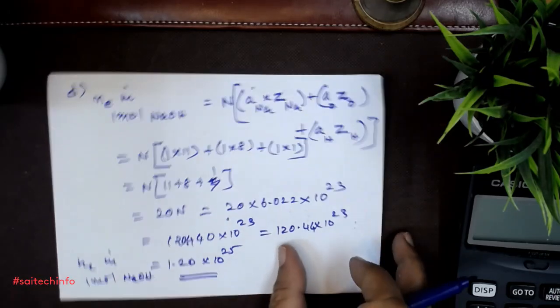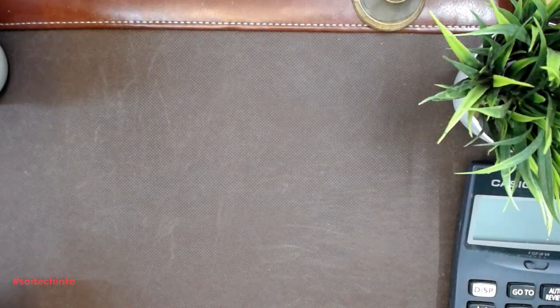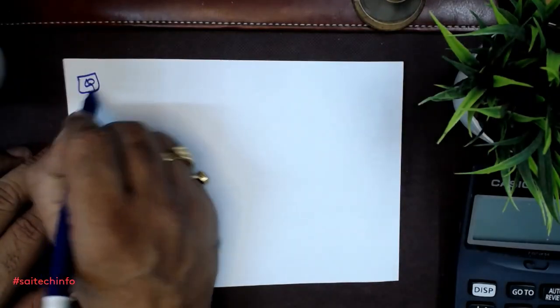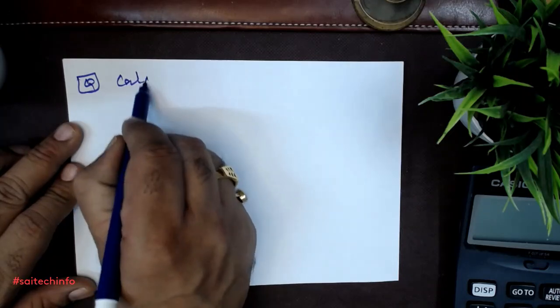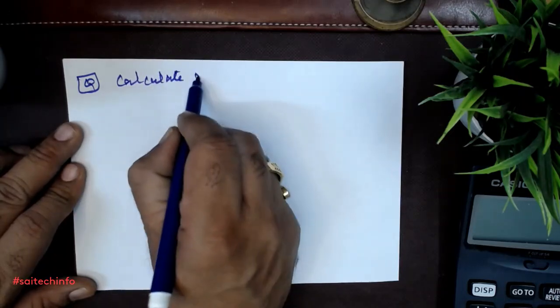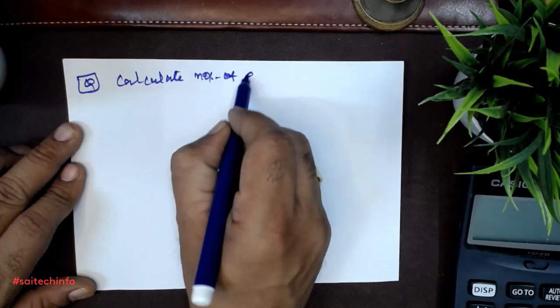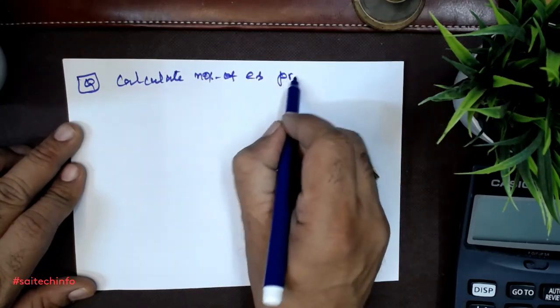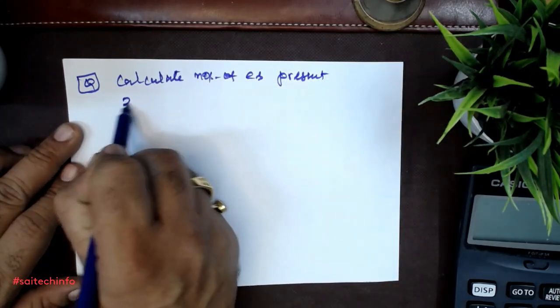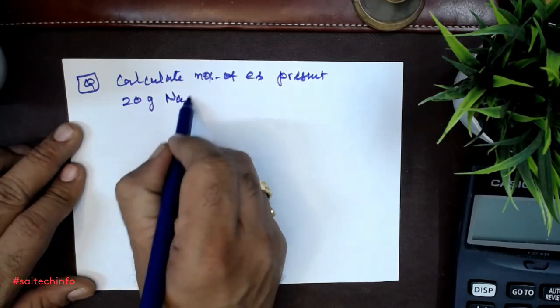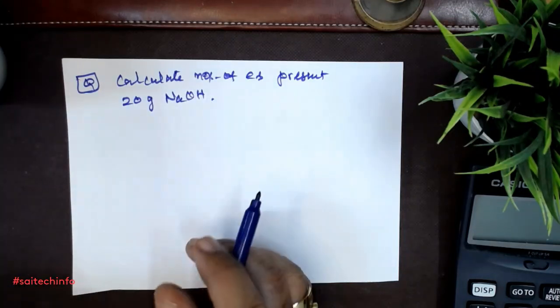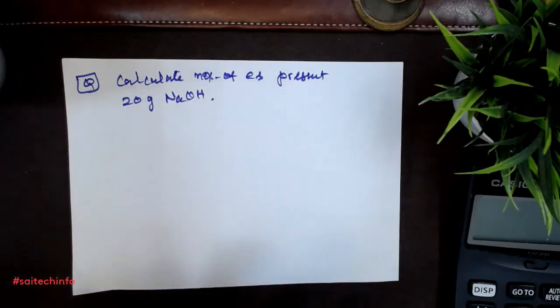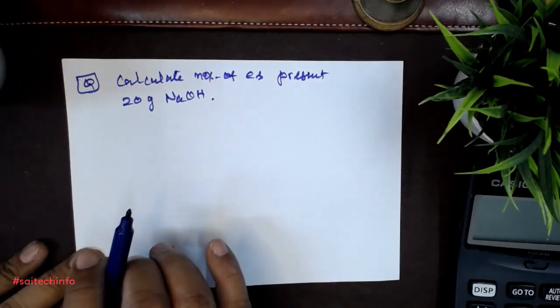You got this point? 20 grams of sodium hydroxide, a molecule, sodium hydroxide compound. So what are we supposed to do?